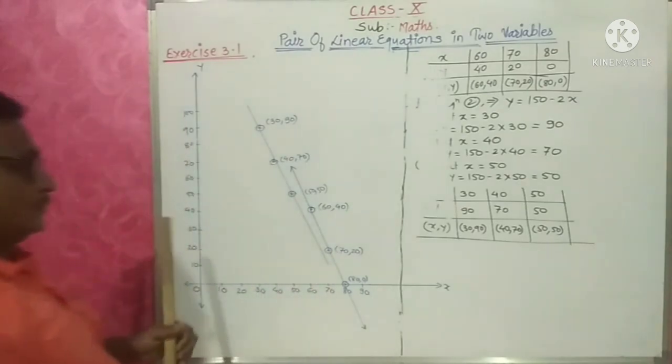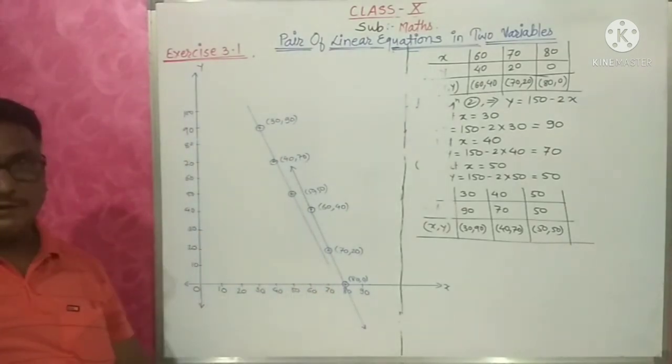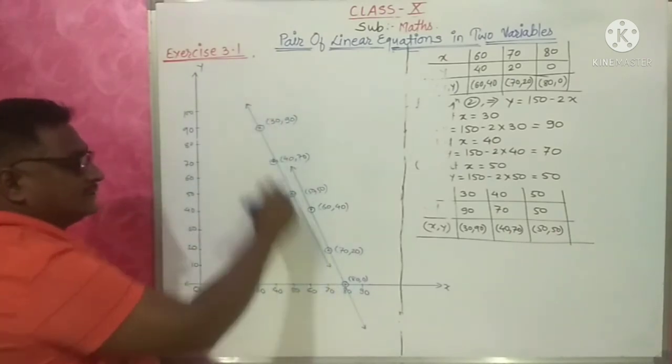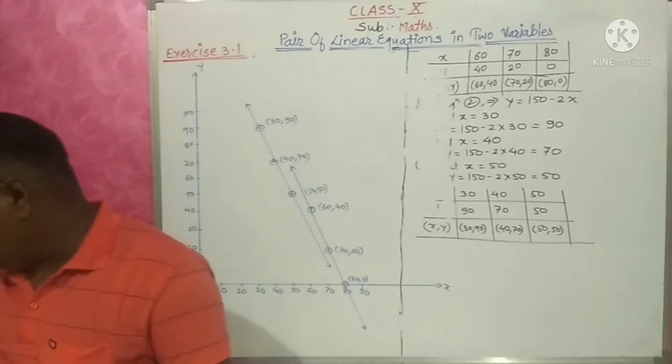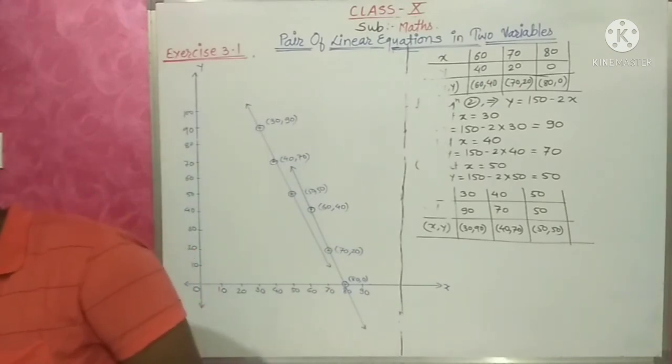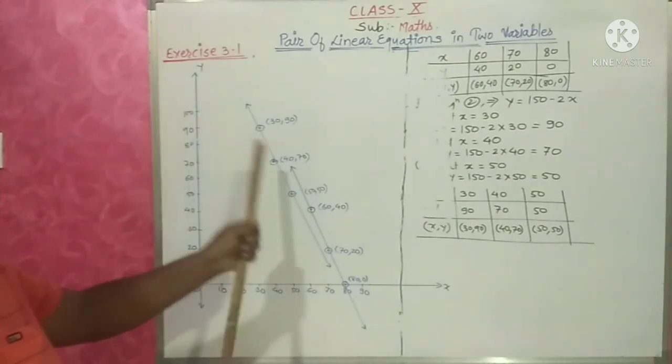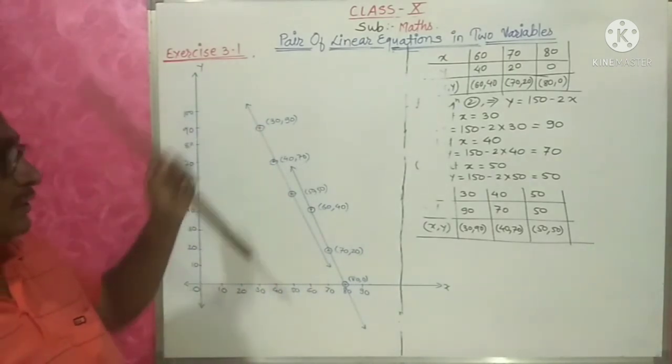So if you produce them, they will intersect at some point and we have to write the equation on the line. So in this way we have to represent graphically and algebraically.